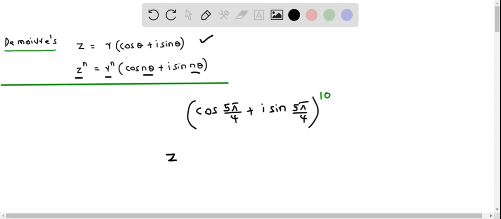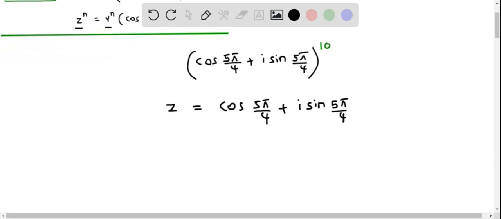So first, I'm going to consider the complex number z equals cosine of 5π/4 plus i sine 5π/4. So I consider the complex number without the power. Now I raise both sides to the power of 10.